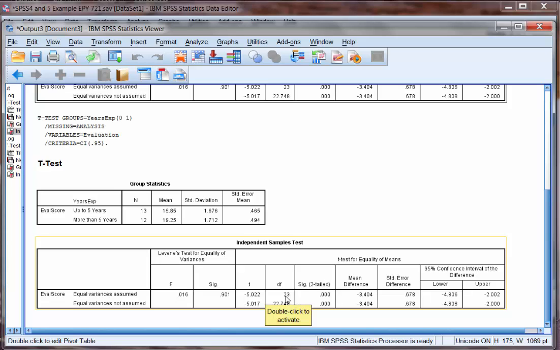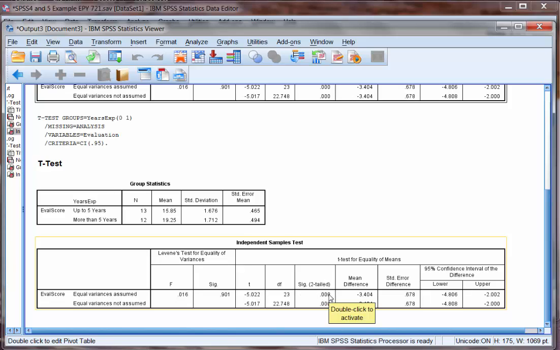So my degrees of freedom are listed here. I had 25 people in my sample, so my degrees of freedom is 23. Let's look at the significance. Great. This means that my test statistic was above that critical area for rejection.